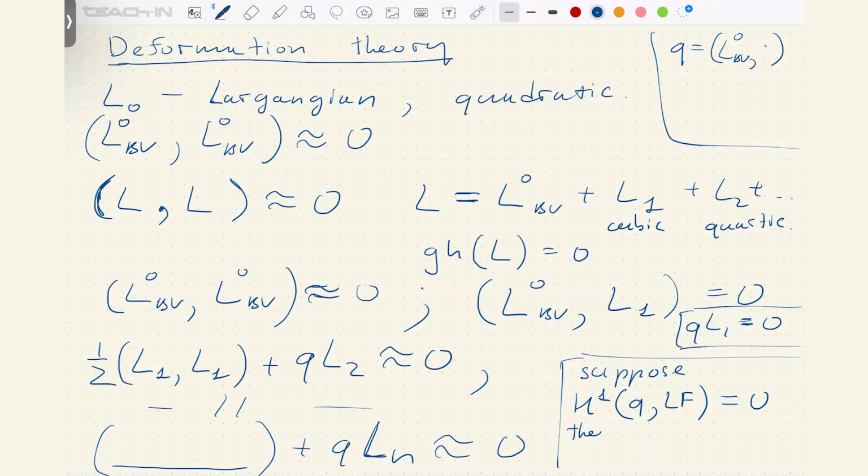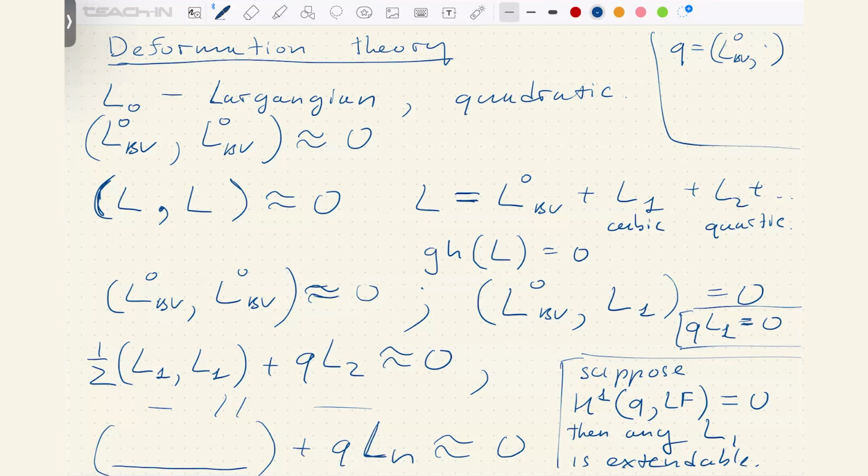Then any L1 is extendable. So it's not a very interesting situation, but at least you know that some interaction exists, right? At first order deformation L1, you take a cycle, and if you don't have cohomology in degree 1, but you do have cohomology, for instance, in degree 0, you can always extend. You can find such a consistent deformed theory.